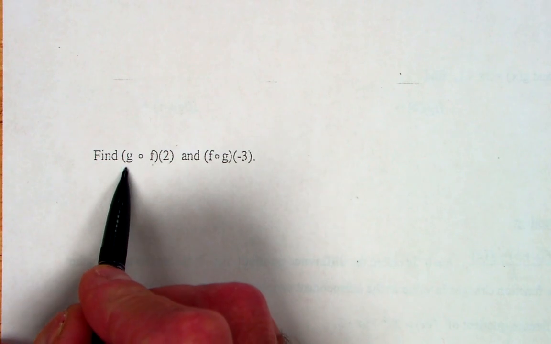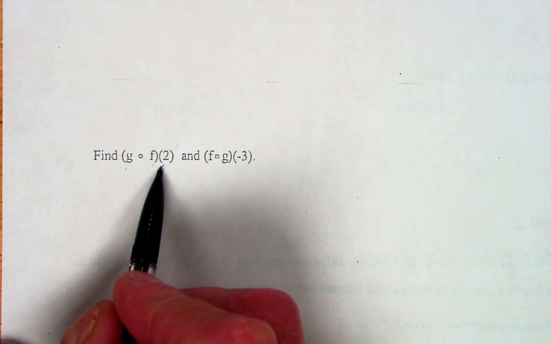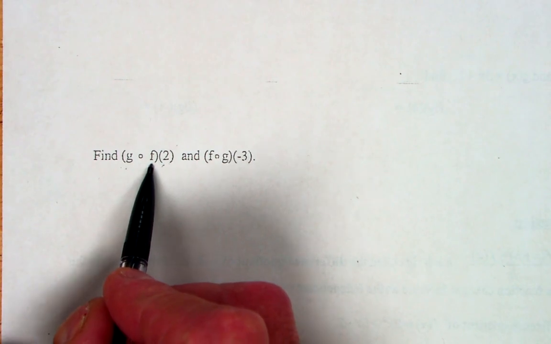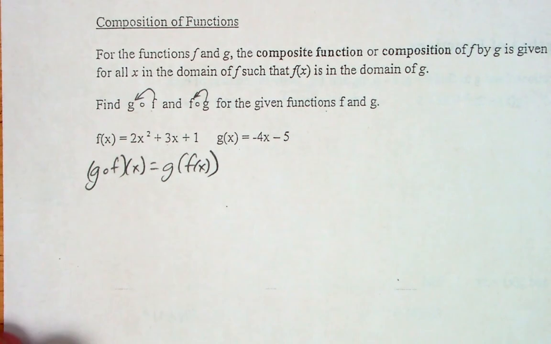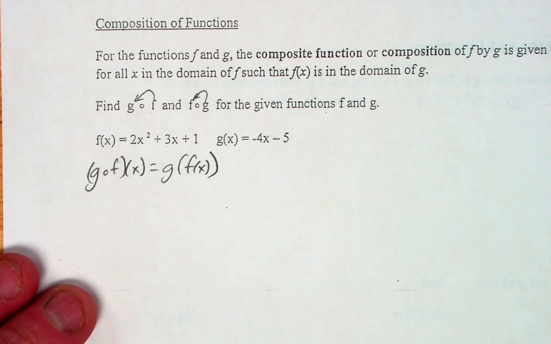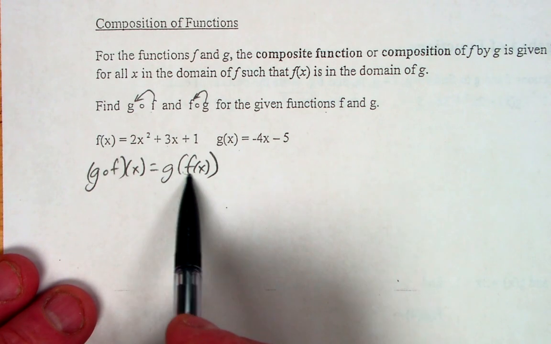Remember that? Okay. Well, here we had a specific number that I could calculate in f, and then I could calculate that into g. Now we need to make a rule that is going to give us g of f of x all the time for all values of x. So what am I going to do? What am I going to do with this f of x?